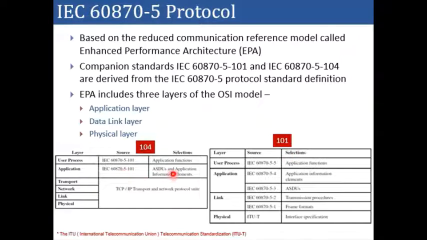So the ASDUs, that is application service data units, and application information elements are derived from 101. The user process, that is various application functions required for the data communication, are also derived from 101.